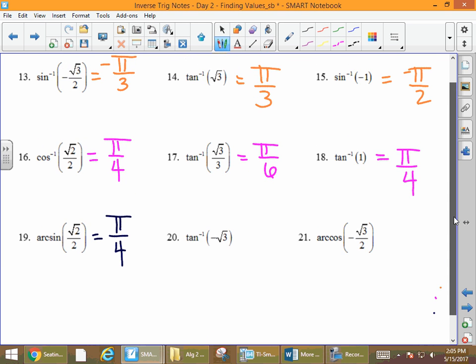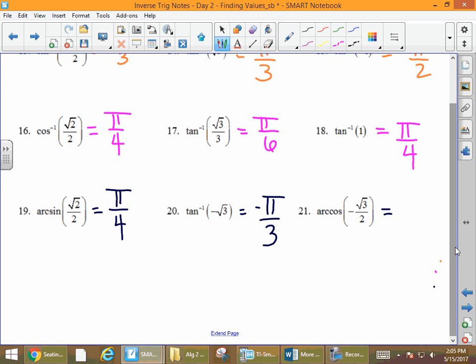Inverse tangent of negative pi over 3. Well, if you look back here at 14, all that we have to do is change the sign, because the tangent is going from negative pi over 2 to positive pi over 2. Sine is going from negative pi over 2 to positive pi over 2.